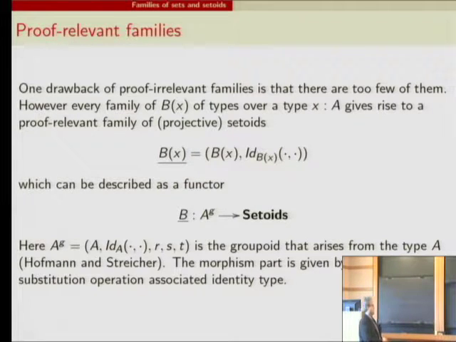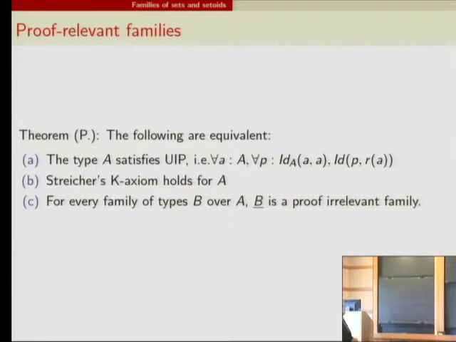And in fact, this gives us a functor, but it will be a functor from a groupoid that comes from the type A. So it will actually be a proof-relevant family unless we know something more about the underlying identity type here. So here's a small result about that.